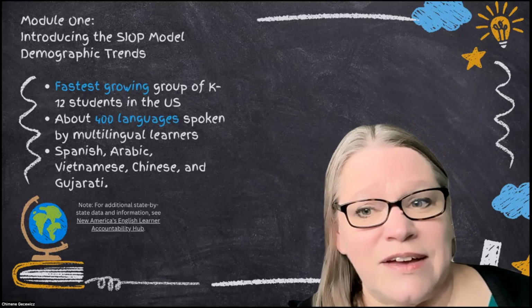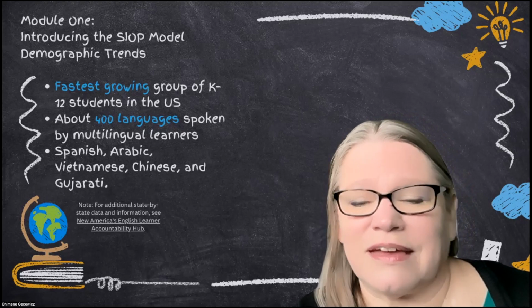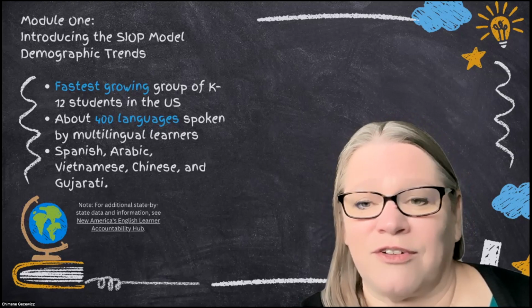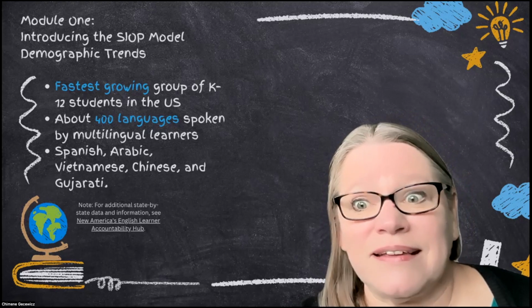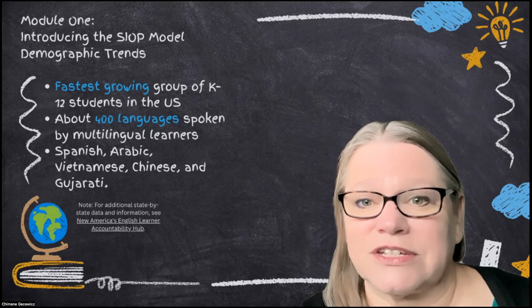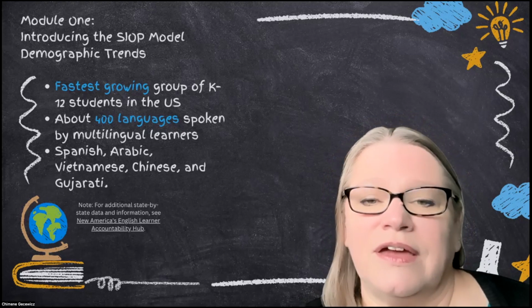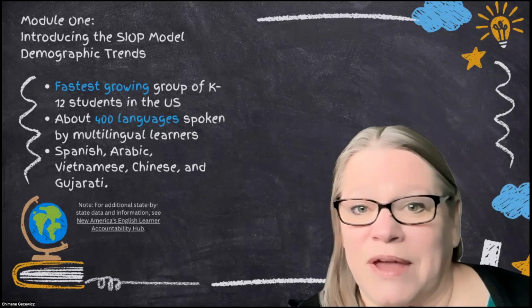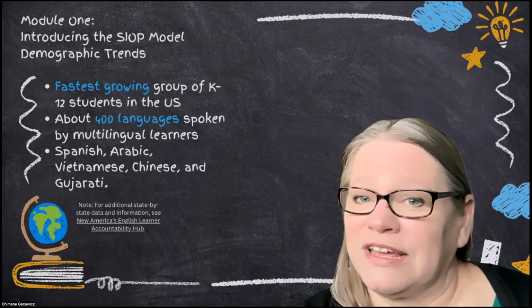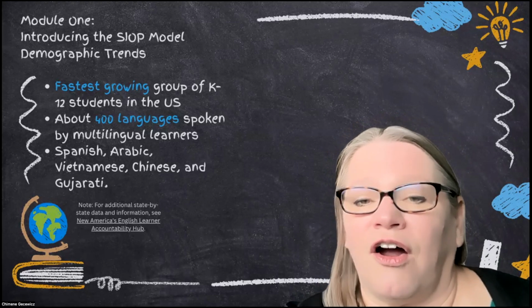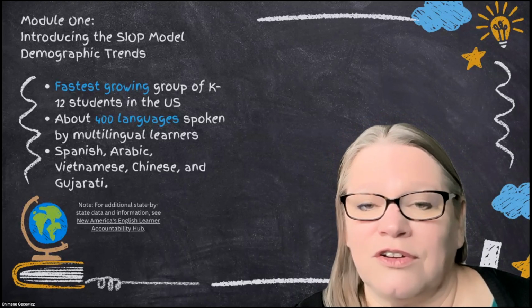The majority of the ELs across the country are found in K through fifth grade settings. That would be about 60% of all of our ELs are in grades K through 5. Spanish is the most common home language spoken by ELs. About 75% of our ELs nationwide are Spanish speakers.